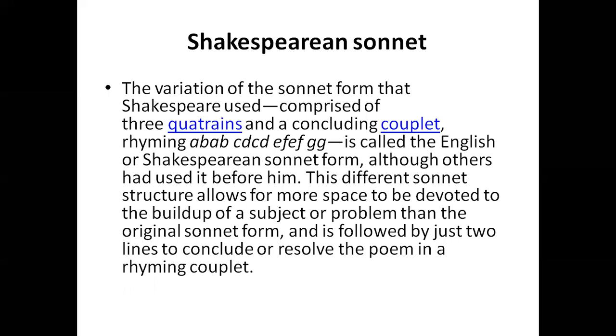It comprised three quatrains, meaning four lines in a stanza, three sections of four lines each, and at the end there used to be two lines, that is a couplet. The rhyme scheme was ABAB CDCD EFEF and GG. So it was three sections of four lines each, and at the end two lines which rhyme with one another.